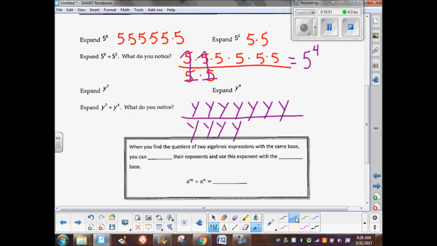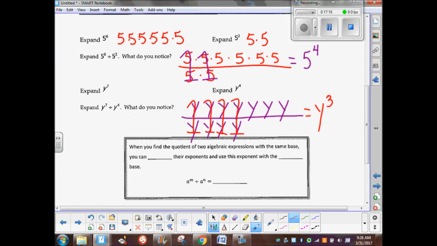What is y divided by y? 1. What's y divided by y? 1. And I get it here 1 and there. So I'm left with y to the 3rd. Tony, what do you notice? We're subtracting exponents. Exactly, subtracting exponents.